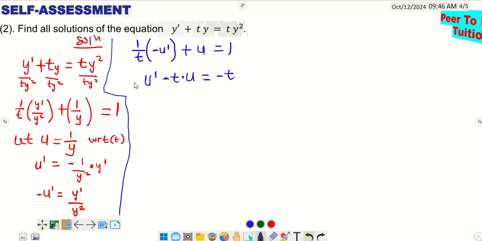Now you can see that this time, this expression, the differential equation here, is a linear differential equation. So we can solve this using the integrating factor.